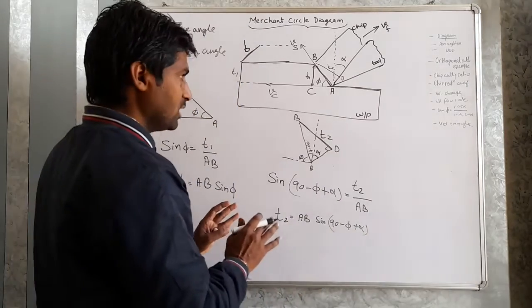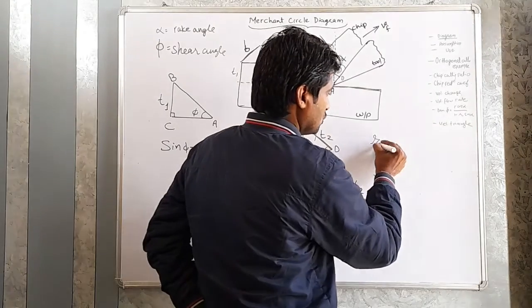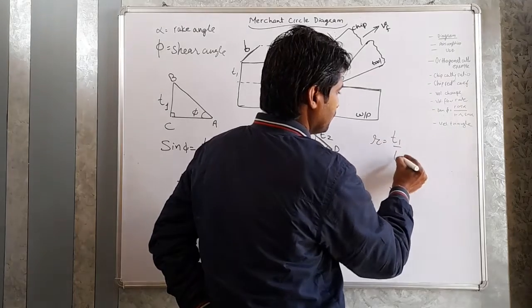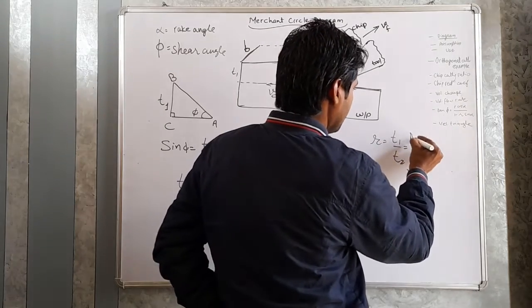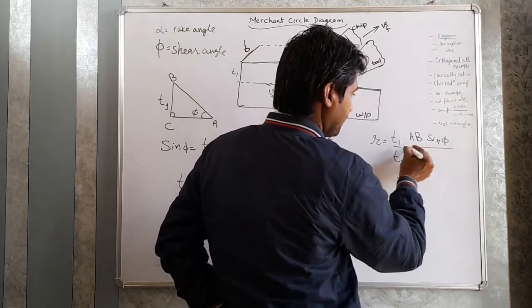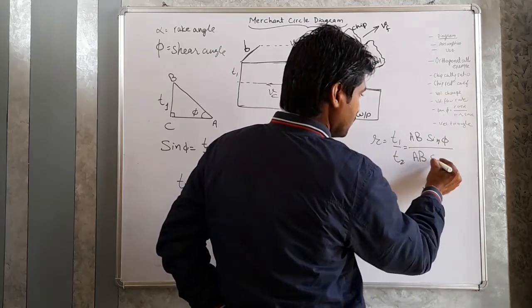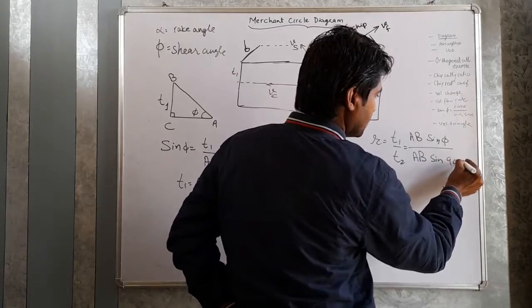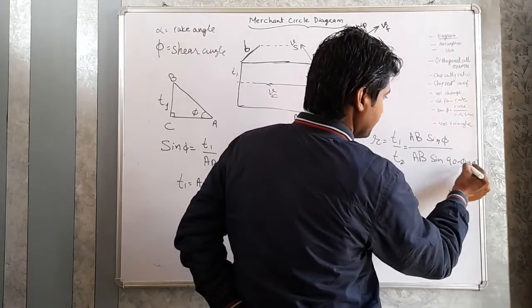So now as we know that our chip thickness ratio r is equal to t1 by t2, that is equal to AB sine phi by AB sine (90 minus phi plus alpha).